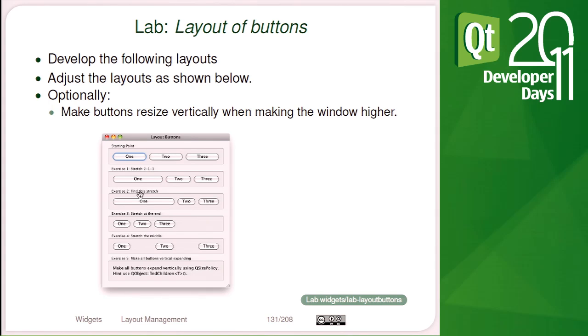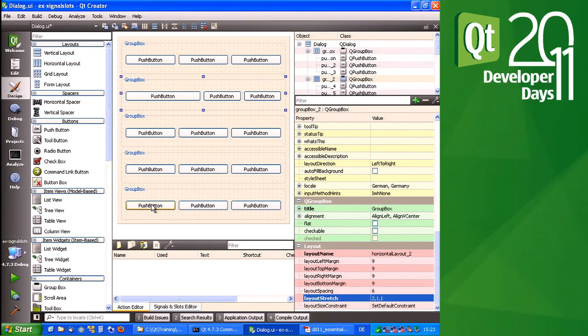So exercise 2, find this stretch. The first button should be as big as it can. Any idea what we can do? There are 2 ways of doing that.